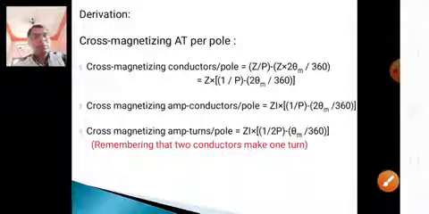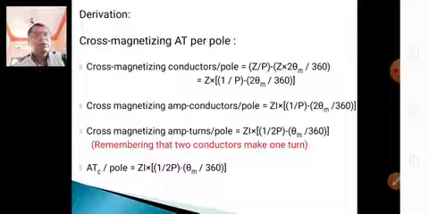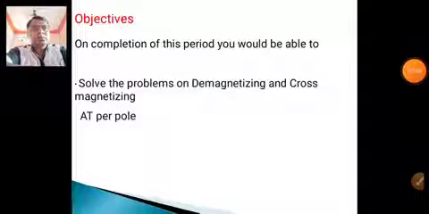Based on these two formulas, we are doing problems on the cross magnetizing effect and demagnetizing effect, with different problems on demagnetizing and cross magnetizing ampere turns per pole.